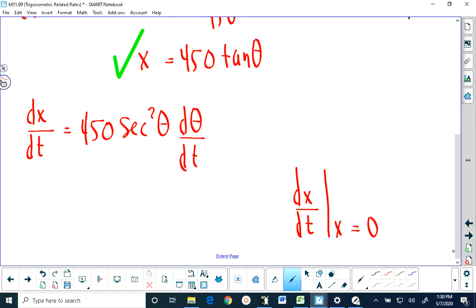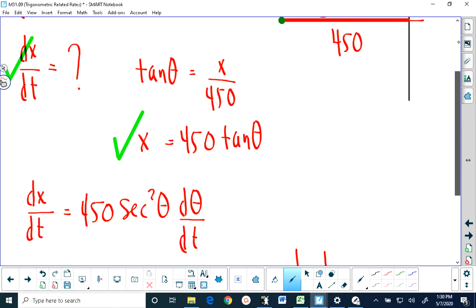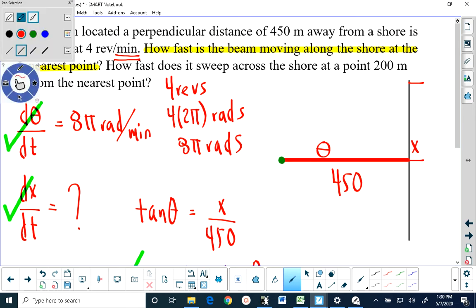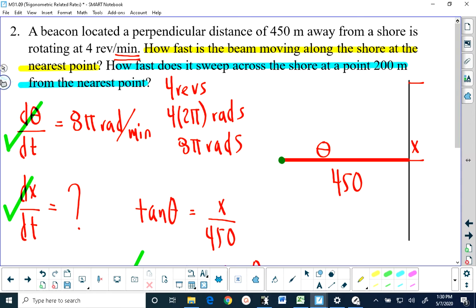That's the first question. If we take a look at the second question, it then says, how fast is the beam sweeping along the shore when x is 200? So there's a second question.